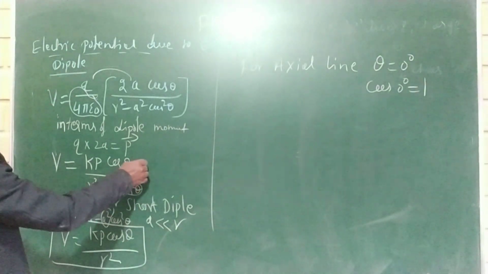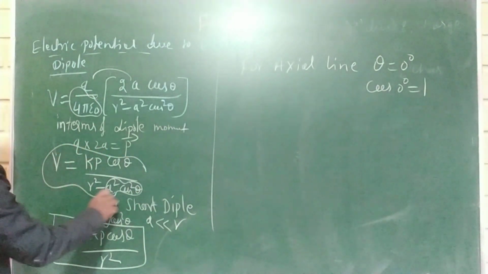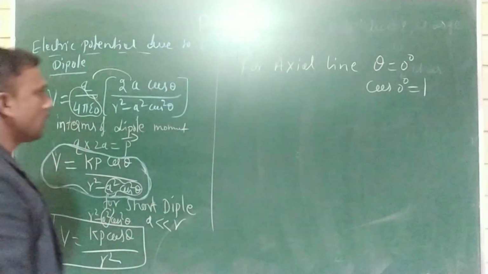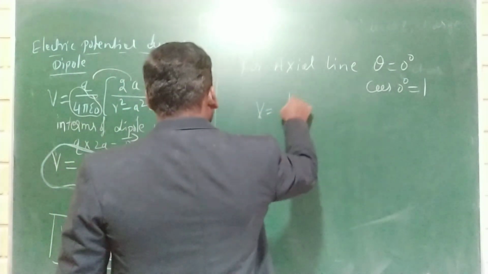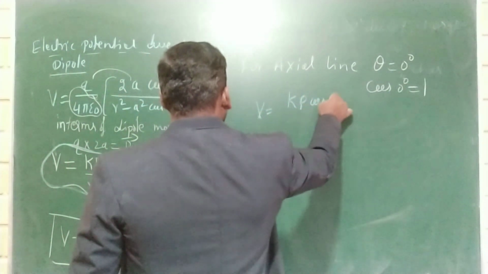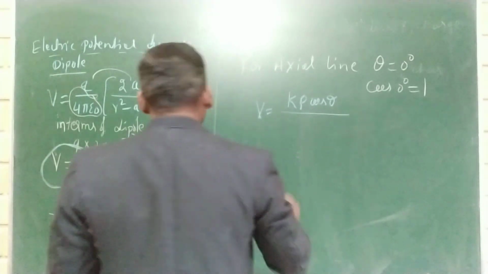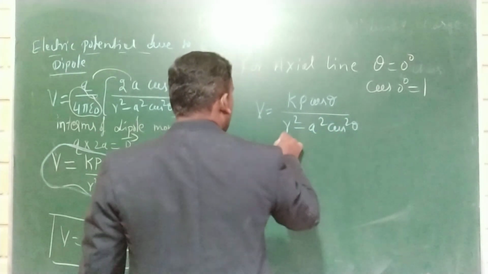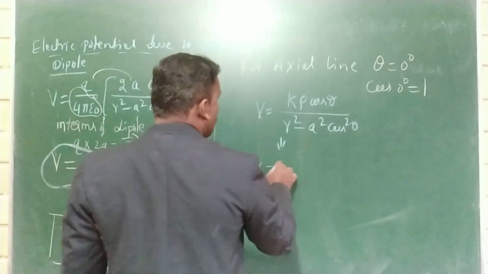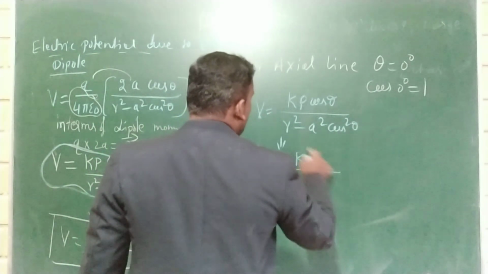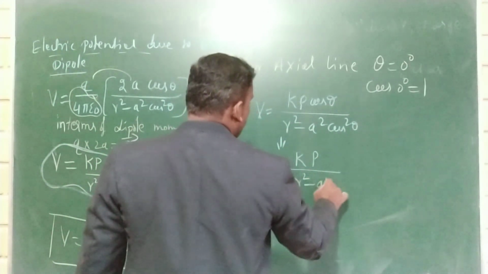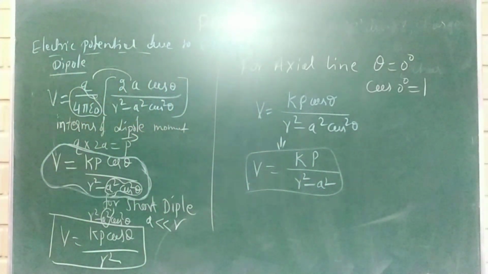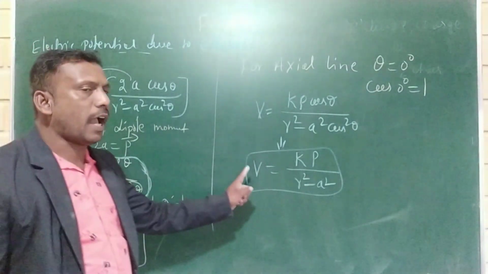Therefore, the equation V is equal to kp cos theta divided by r square minus a square cos square theta becomes V is equal to k into p divided by r square minus a square. This is the formula to calculate electrostatic potential on the axial line.